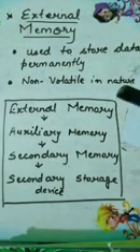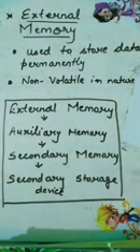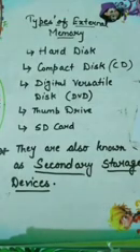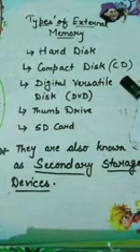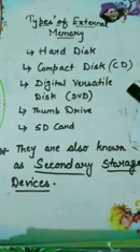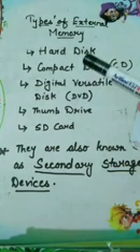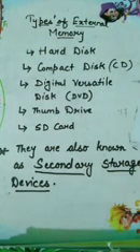Means external memory can also be known by these names. Now children, we have so many devices to store the data permanently. They are called external storage devices. So, a computer uses various storage devices to store the data permanently for future use. A few examples of external memory or secondary storage devices are given here.